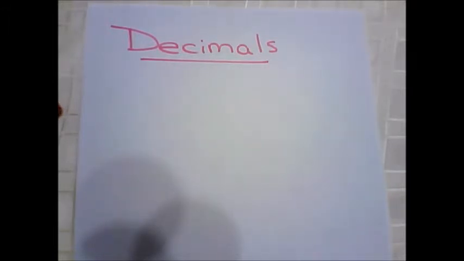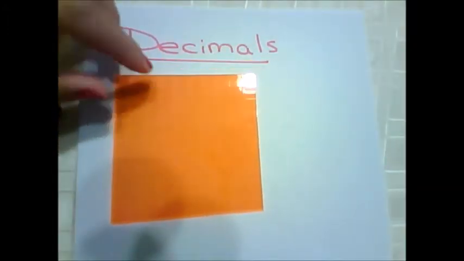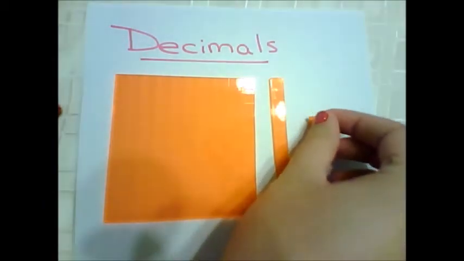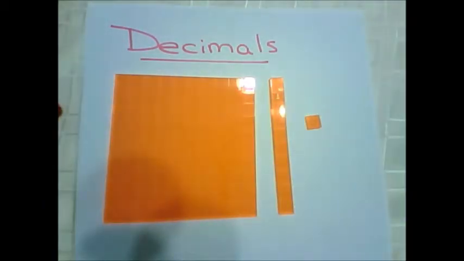So the first thing I'm going to show you are three things, and these should be very familiar to you. These are not usually orange when you first use them back in kindergarten, first grade, second grade. These are base 10 blocks.